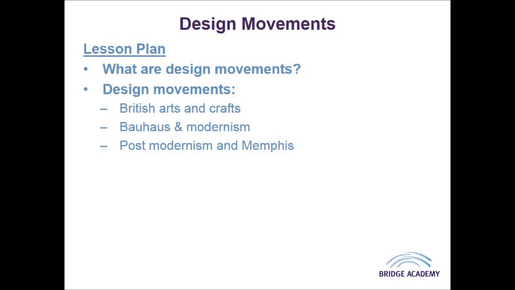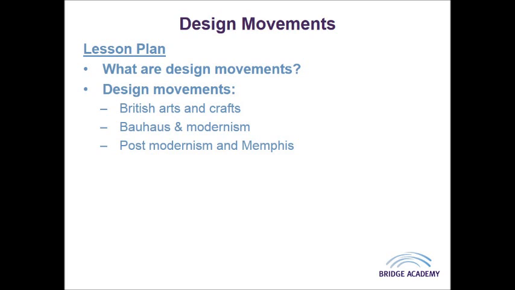Now, this movement was in fact a response to industrialisation. William Morris didn't like industrialisation. He believed that it produced low quality products, and he was very politically active and was not very impressed with the poor working conditions of people who were working in factories.